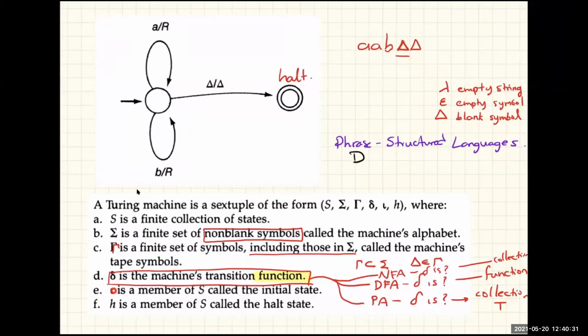Now we can. Okay. So continuing with this definition, we have this iota, which is the initial state. And also we were doing the question. We have a halt state here. So by definition, we cannot have more than one halt state because it says the halt state, right?